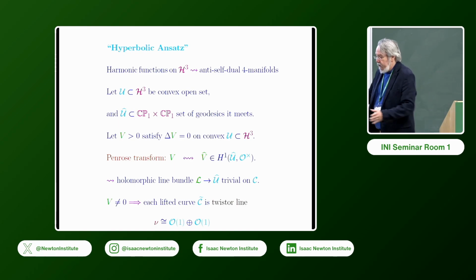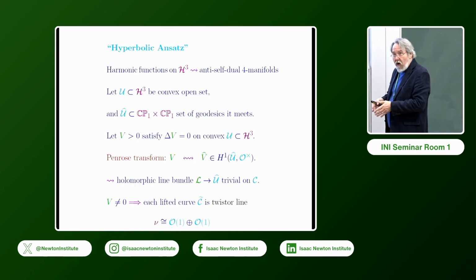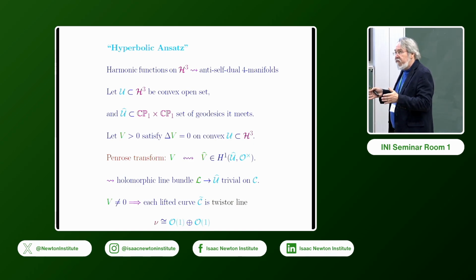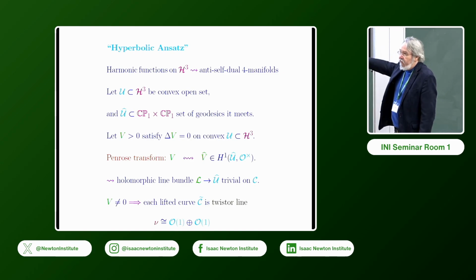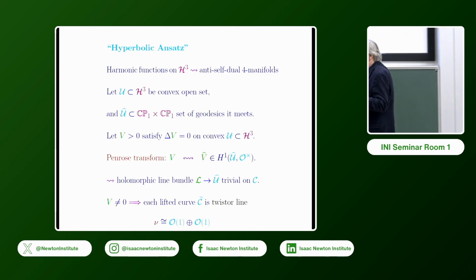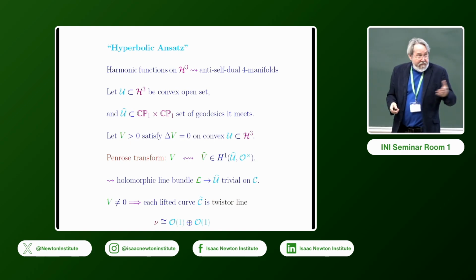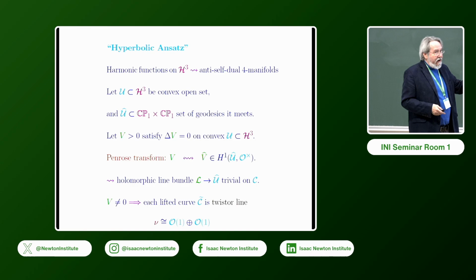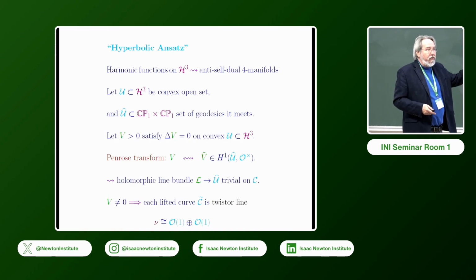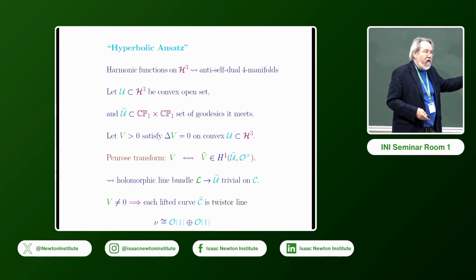So when you take the total space of this principal holomorphic line bundle over a region in CP1 times CP1, that is a complex threefold that contains a family of embedded CP1s of normal bundle O1 plus O1. And as Roger Penrose taught us in the 1970s, that amount of information allows you to create an anti-self-dual manifold.